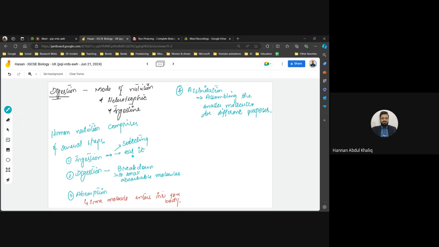And then the fifth one is egestion, removing those which could not be digested, the undigested ones. Okay, so in this particular chapter, we are going to go through all these mentioned steps.